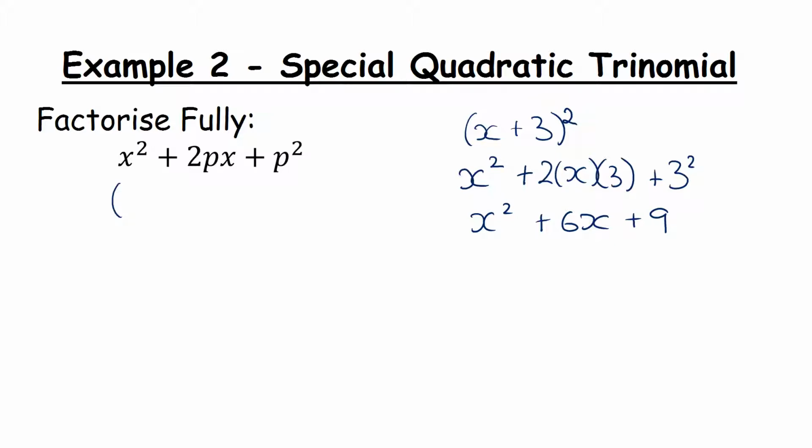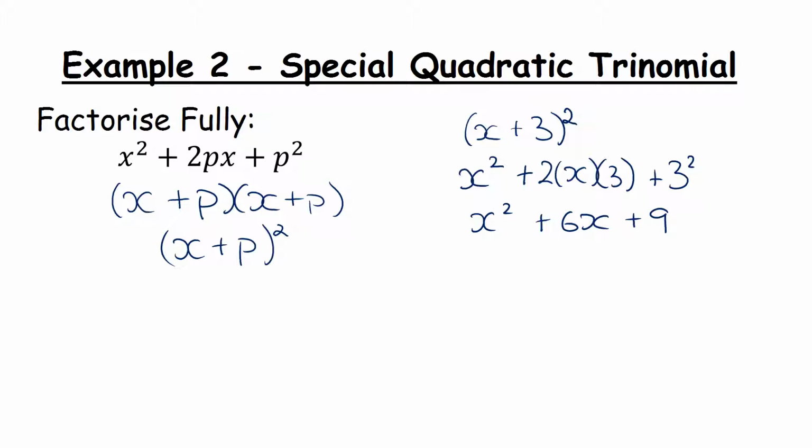So what this actually factorizes to is x plus p and x plus p, which is x plus p squared. Okay, so we can tell that by the first term squared, the second term squared, and a 2 by the first and the last.